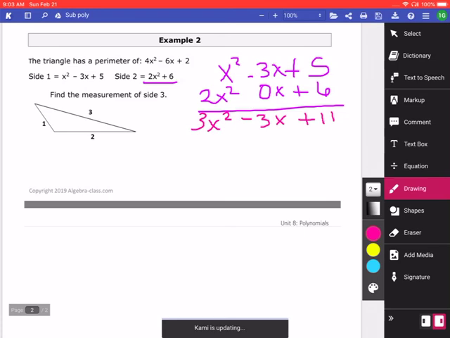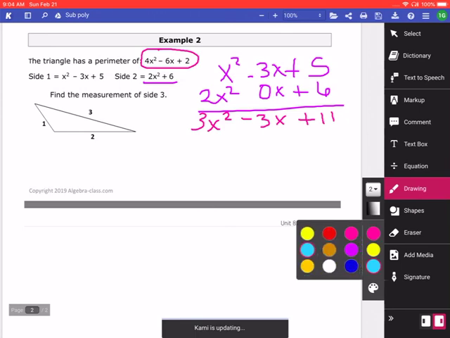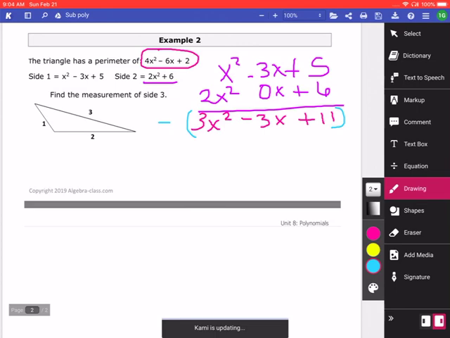Okay, now we're going to go back and we're going to use our perimeter, which would be the total of all three sides. And we're going to do it as subtraction. So now this is going to be put in a parenthesis, and we would put a negative in front of it because we're going to take this away from our top number. Okay?